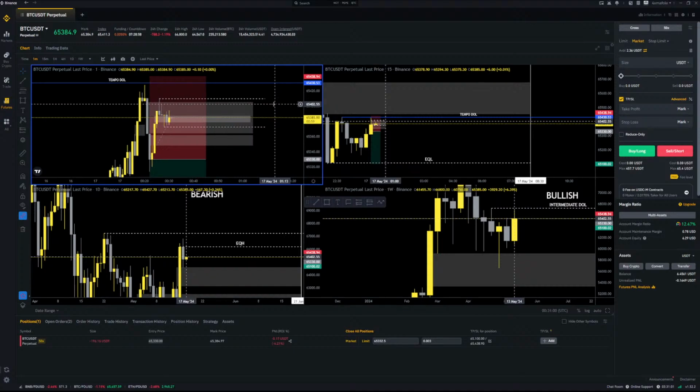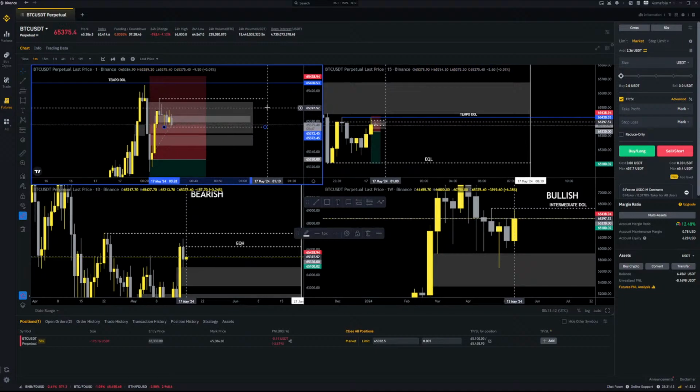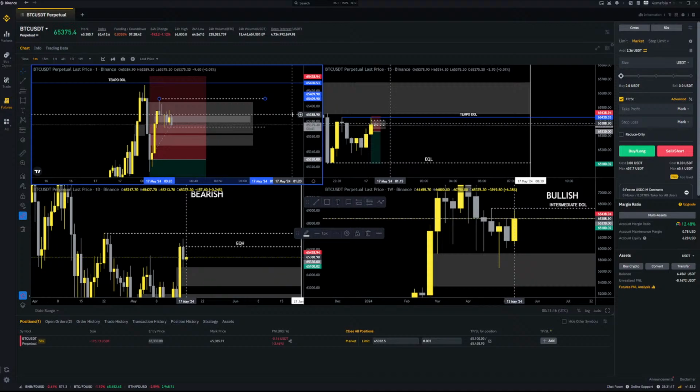Wow, this candle just closed within a fair value gap, which doesn't look good because there is a little bit of consolidation right here. Price tries to seek this liquidity and also tries to seek liquidity here. Let's check out.